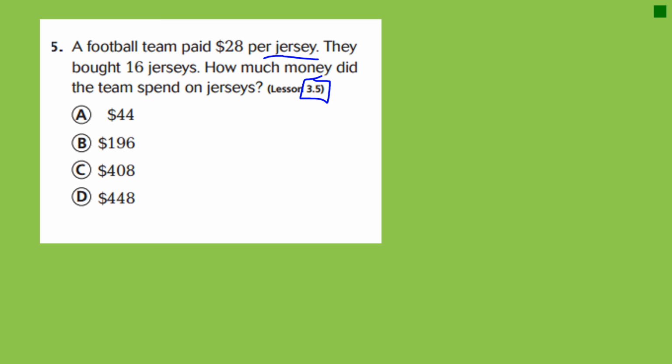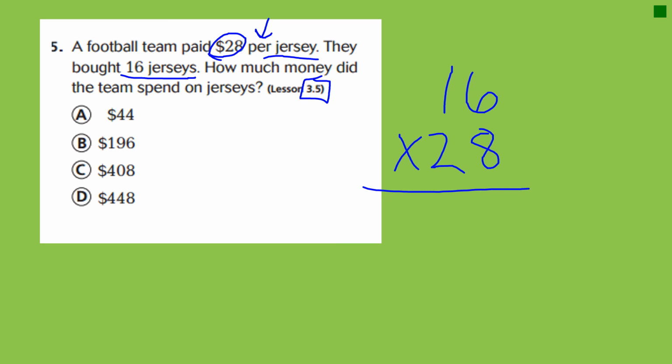Okay, let's go back here. Football team paid $28 per, that's for each one, and they bought 16. Okay, so what do we have here, boys and girls? We have 16 jerseys, and they each cost $28. So it's 16 sets of 28. 16 groups of $28. And let's find out how much they spent.